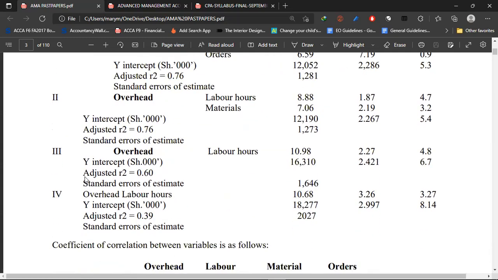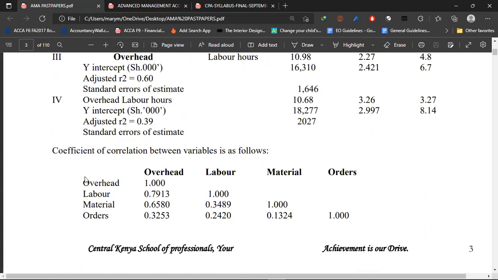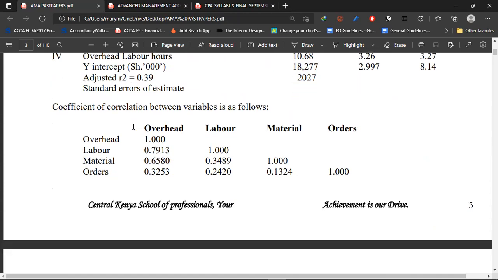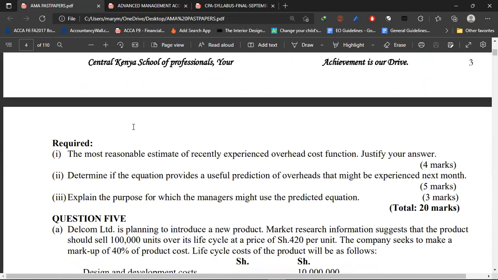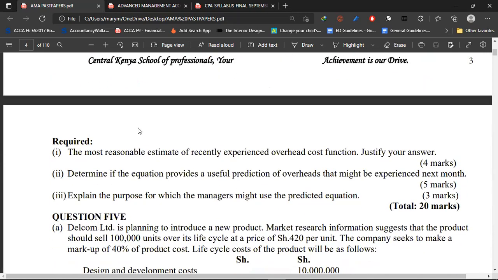Equation 2, you can see it has eliminated 1 of the independent variables. Then equations 3 and 4 respectively have eliminated 1 independent variable. I think in equation 4, it should also be labor hours which has been eliminated. You can see it here. We shall be able to look at the solution on that. Then we have been told the coefficient of correlation between the variables, but it is not going to affect your solution.